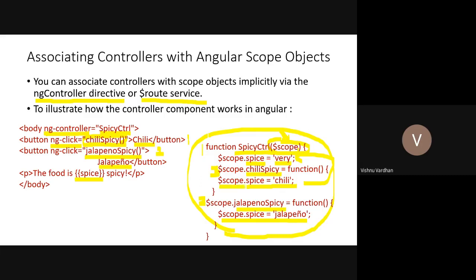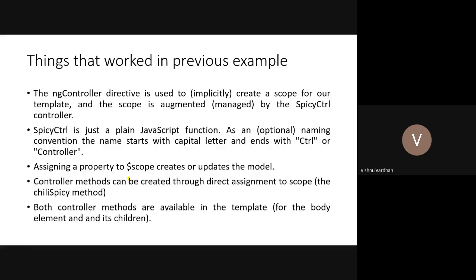That's why the information is available immediately to the Angular application, and accordingly the model is going to be changed, and as soon as the model changes, the UI immediately reflects the changes of the model. So this is an example of controllers implementation in AngularJS.